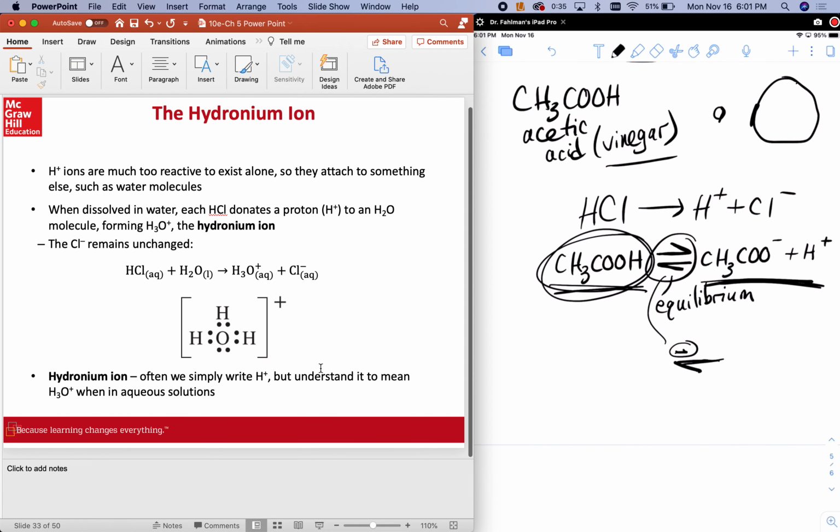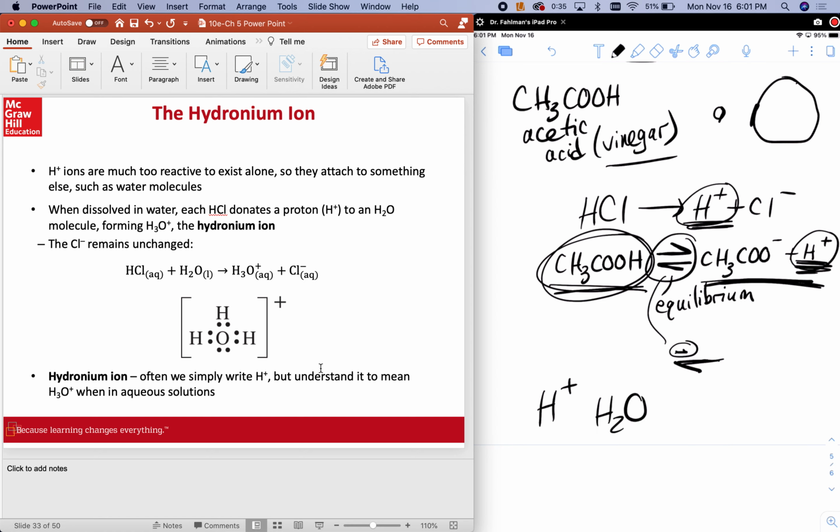All right, so if you have an H plus ion, notice all these acids, whether they're strong or weak, this is kind of what we have in solution, but that doesn't exist just by itself. As soon as you have H plus, you have waters around it. And so that's why we typically call a solvated proton H3O plus.